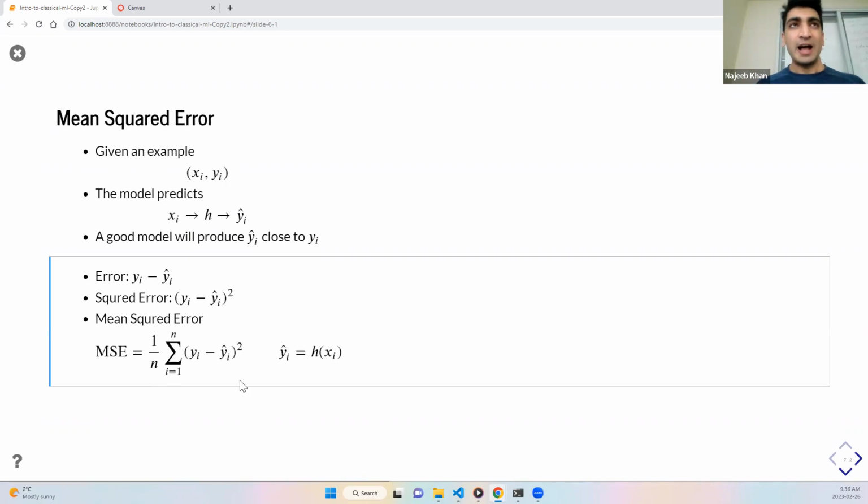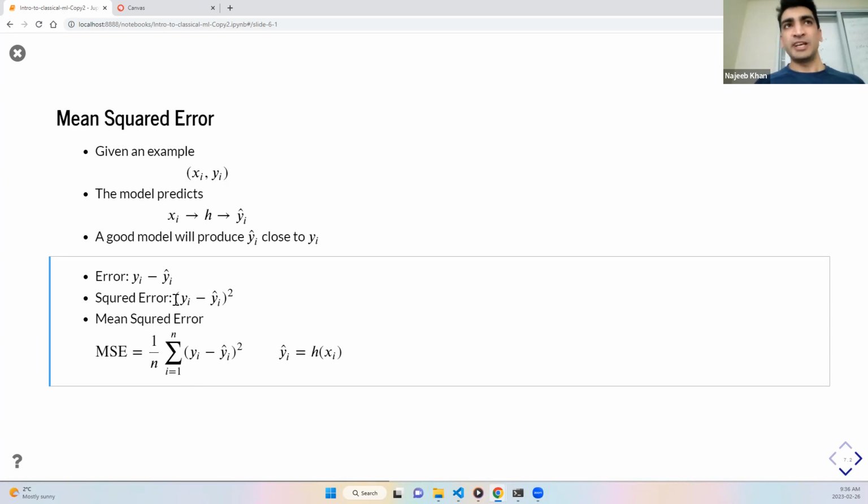So how do we account for larger or smaller? We can take the square of this, and then whether it's larger or smaller, we would have a positive error.